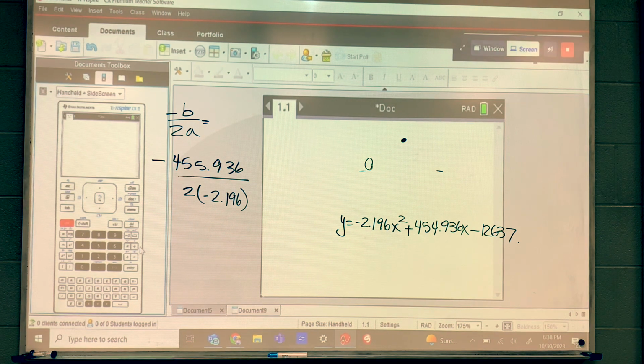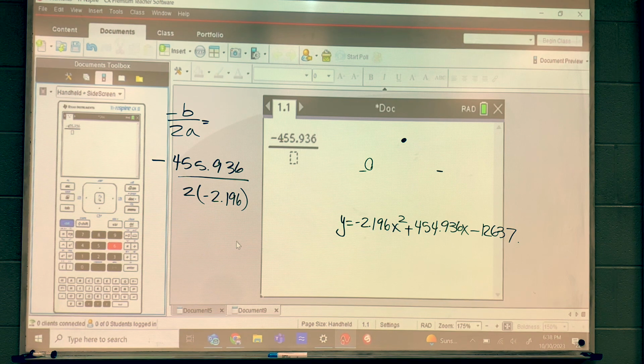Control division. So I want negative 454.936 over 2 times negative 2.196. I bet it needs to be that negative.